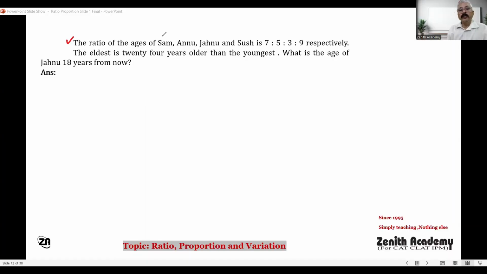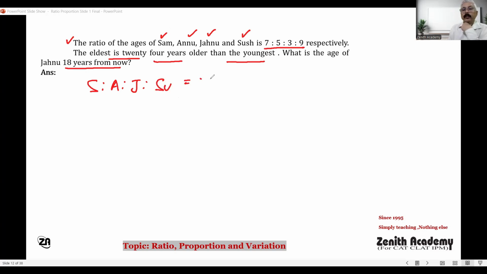The ratio of ages of Sam, Anu, Janu, Sus is 7 is to 5 is to 3 is to 9, respectively. The eldest is 24 years older than the youngest. What is the age of Janu 18 years from now?